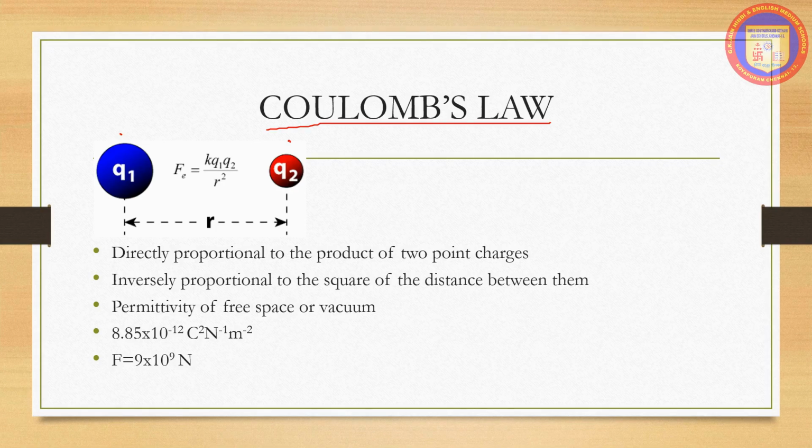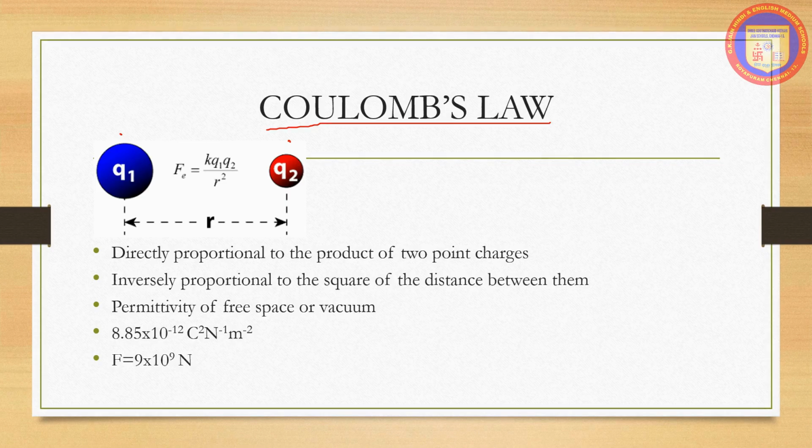Important aspects of Coulomb's law. Coulomb stated that the electrostatic force is directly proportional to the product of the magnitudes of the two point charges and inversely proportional to the square of the distance between them.